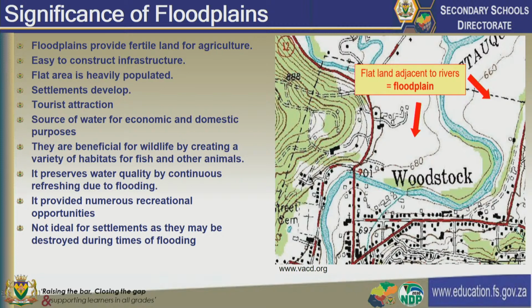Now, very importantly, these floodplains preserve the water quality by continuously refreshing the water quality of the river, due to flooding. They provide recreational opportunities. We can do a lot of things along this area. Not ideal for settlements as they may be destroyed during the times of flooding. I think we have also discussed that.